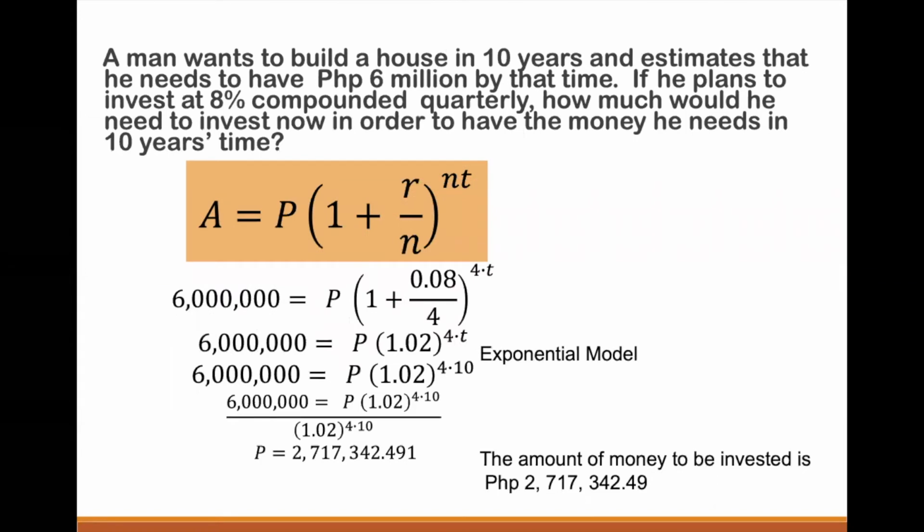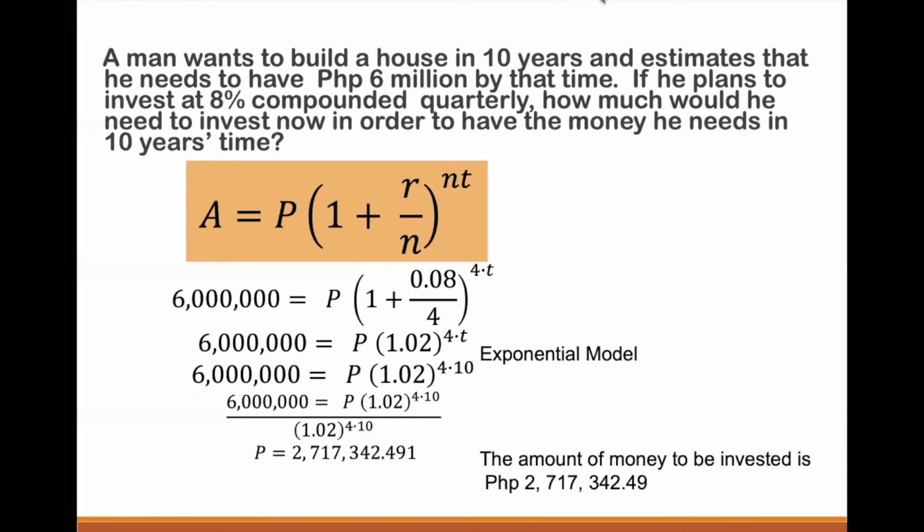So a man wants to build a house in 10 years and he estimates that he needs to have 6 million by that time. If he plans to invest at 8% compounded quarterly, how much would he need to invest now in order to have the money he needs in 10 years time?